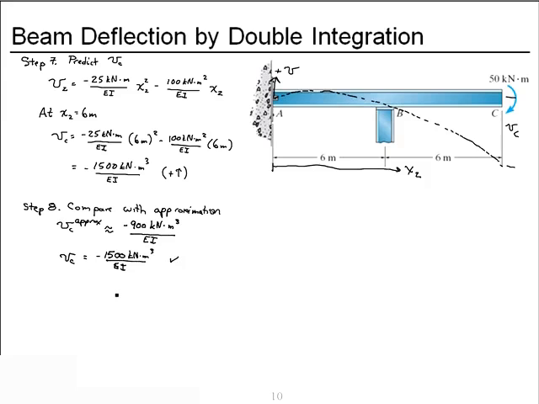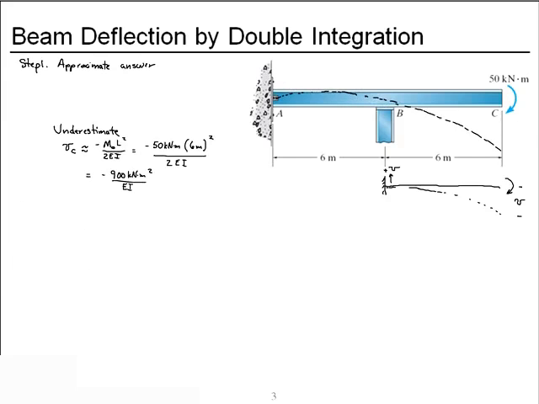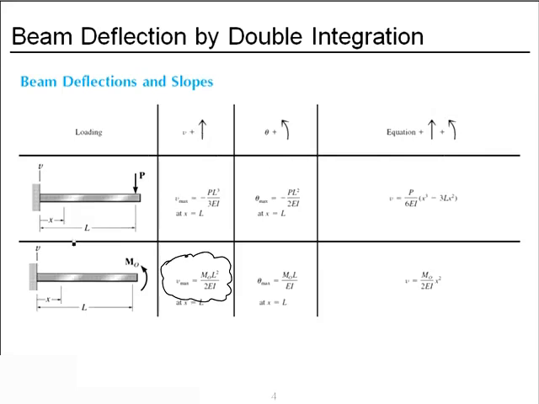Now let's go back and review. We started by looking at the predicted deflected shape and recognizing that the cantilevered end is similar to a situation we can look up from the front cover of our textbook, a cantilevered beam with a couple moment applied at the end.